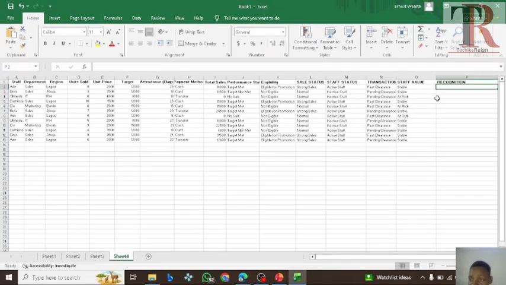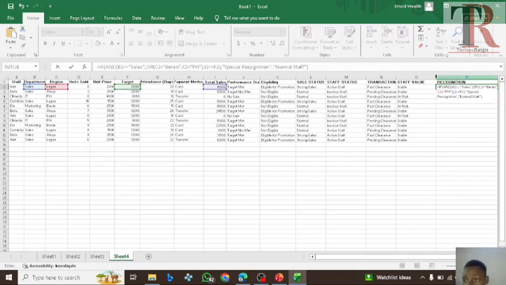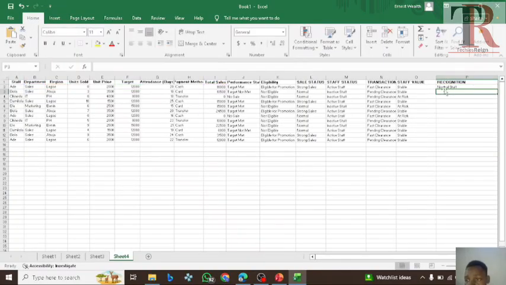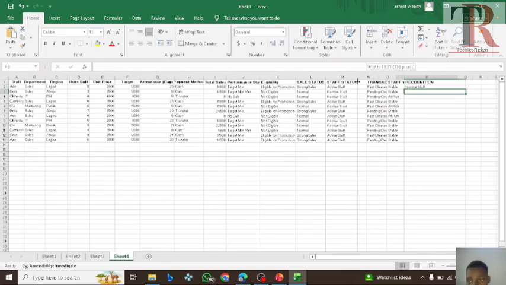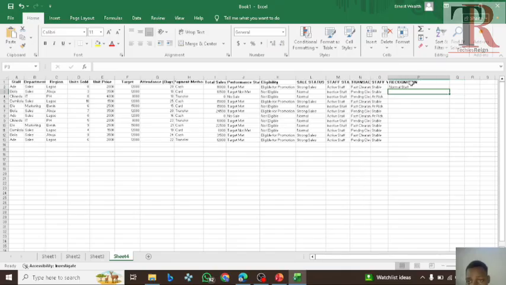To do that, we come over here and type this in. Let me reduce this so you can see better, and expand this all the way over here.